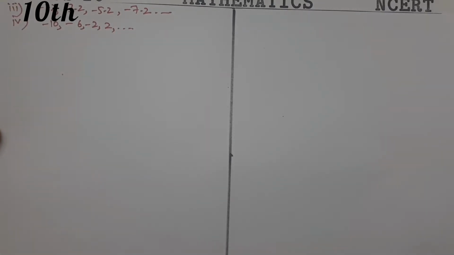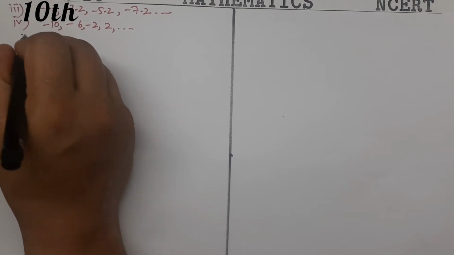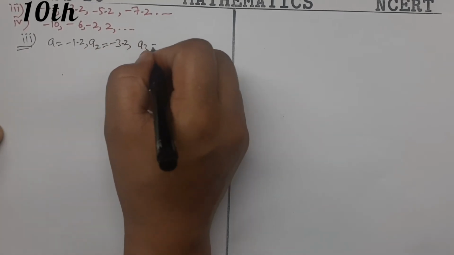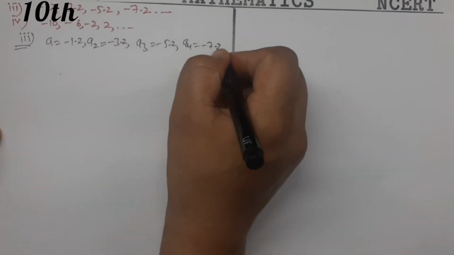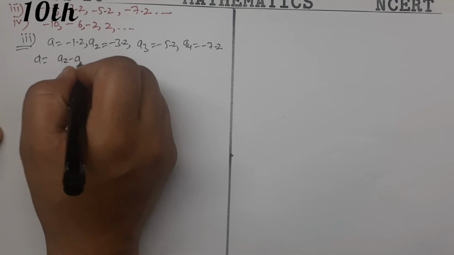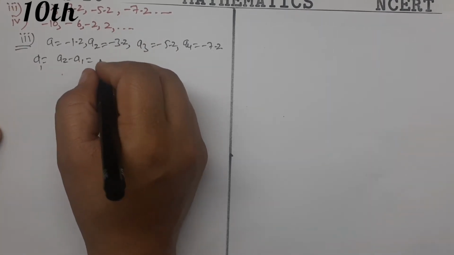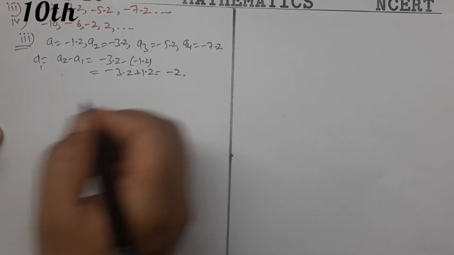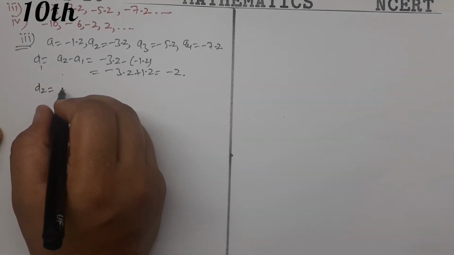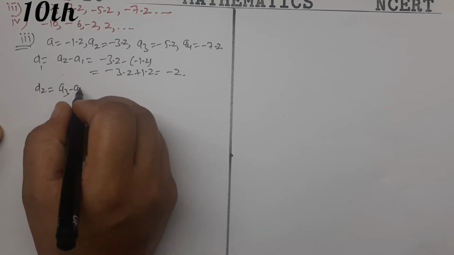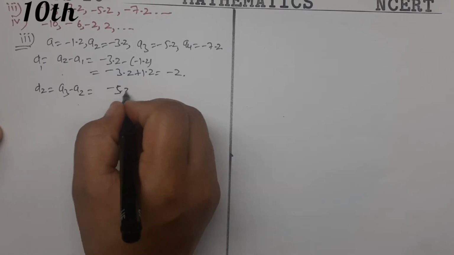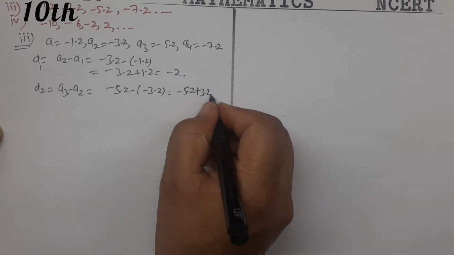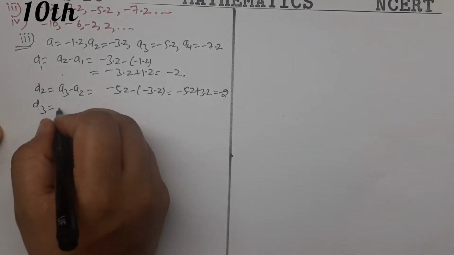First we will check whether the given terms are in AP or not. d1 = a2 minus a1, which is -2. d2 = a3 minus a2. d3 = a4 minus a3.